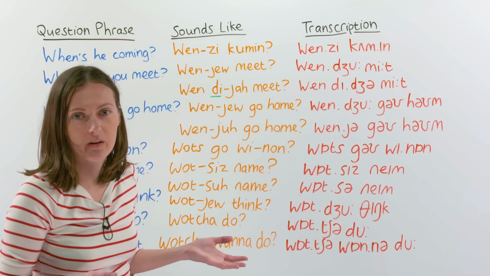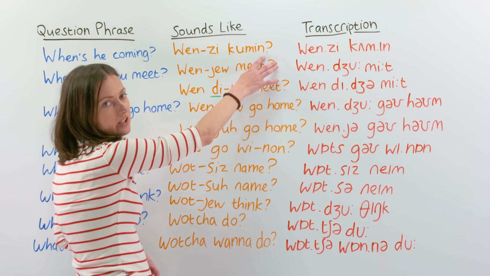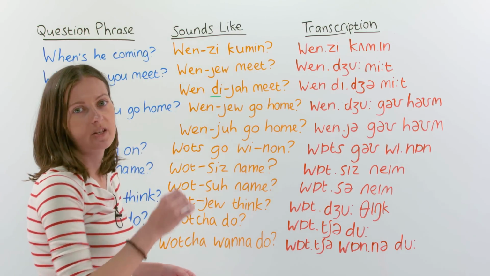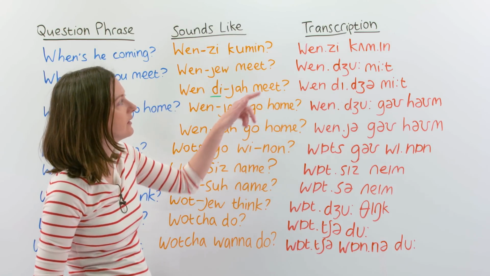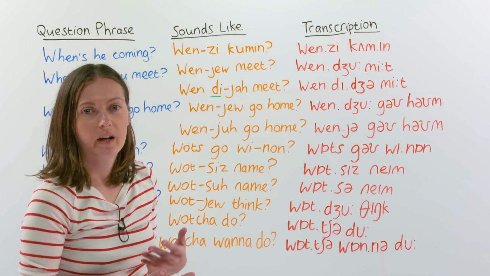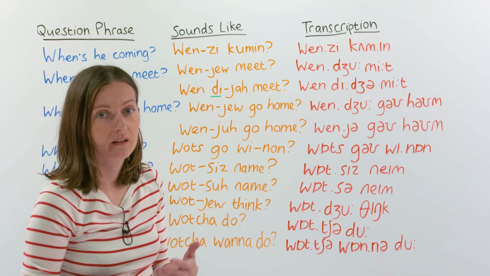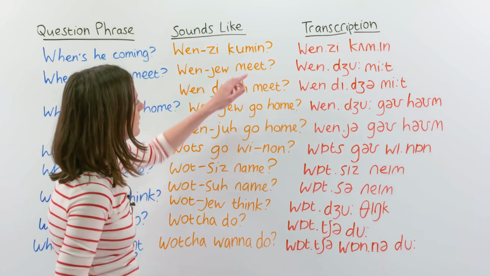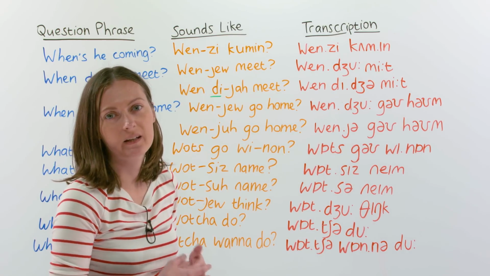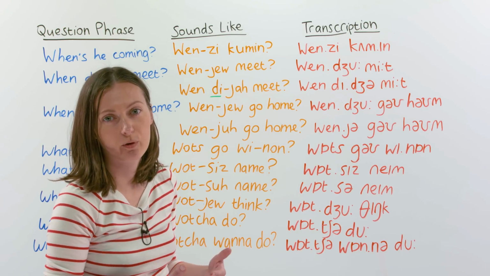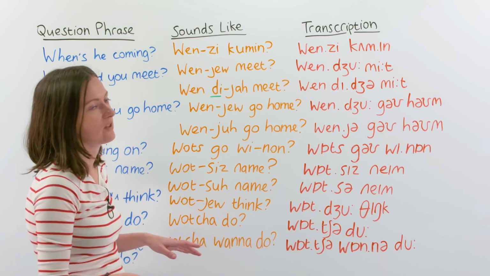What's changed about the question? Well, the first thing to notice is that the G is gone. Coming, comin'. That happens a lot in words that end in ing, like going, coming. We don't say the G when we're speaking in a really relaxed, informal way.